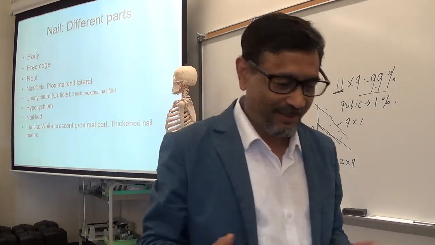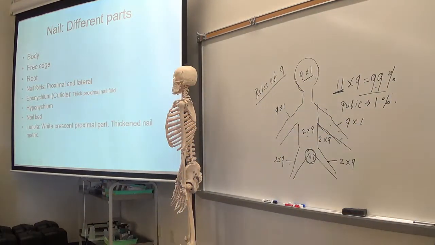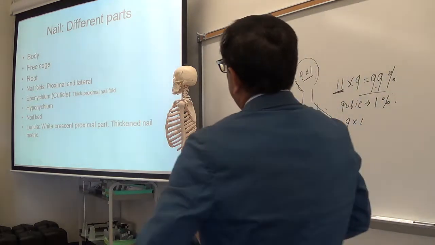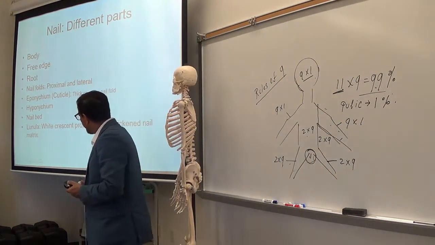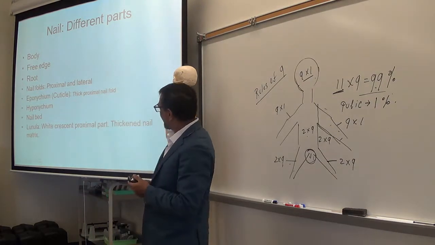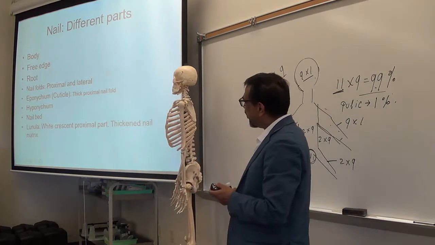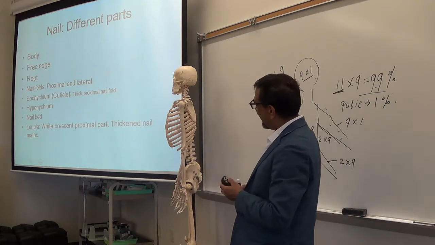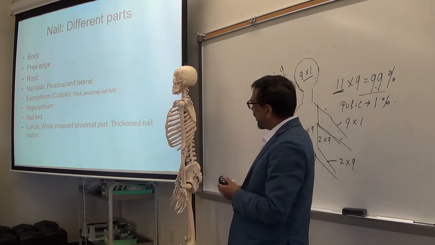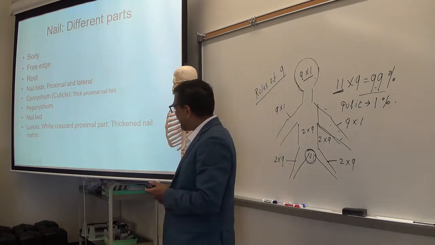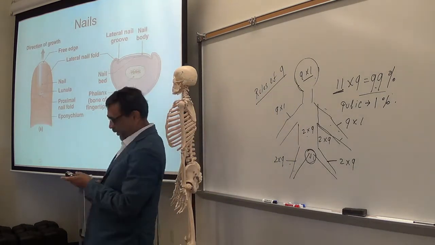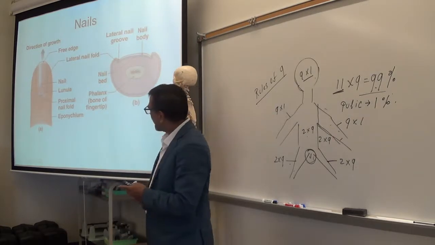So you just need to know the parts of the nail, that should be fine. The parts of the nail include body, free edge, root, nail folds, proximal and lateral nail folds, eponychium, hyponychium, nail bed, lunula. We'll see where those parts are.